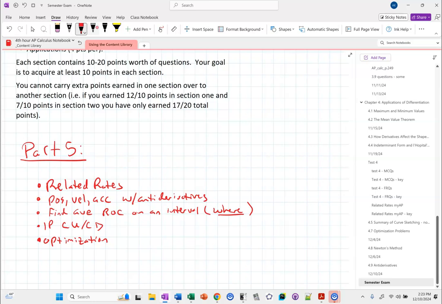Inflection point intervals, a concave up, concave down, and then optimization. So those are the types of questions.